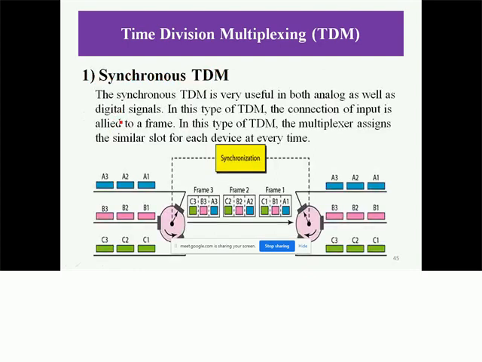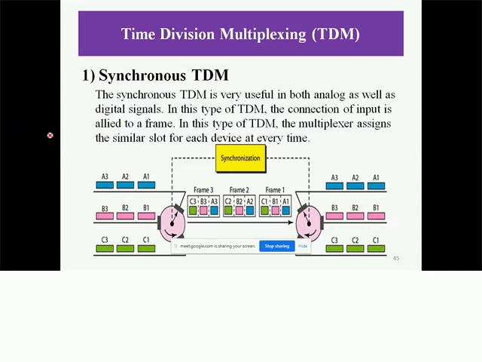Architecture of your synchronous TDM system. This is very useful for both analog as well as digital signals. In the message signal input section, we have 3 message signals, A, B and C, and these are divided as A1, A2, A3, B1, B2, B3, C1, C2, C3.